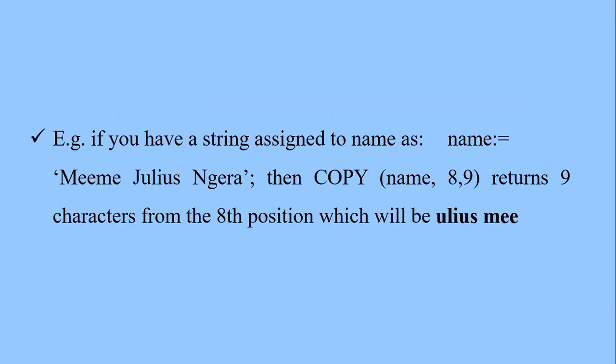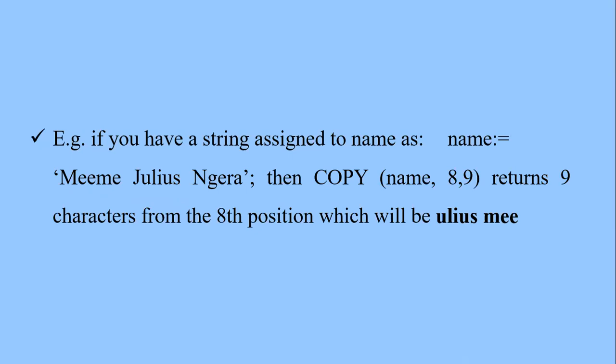For example, if you have a string assigned to name, that means name is now a variable that has been declared of type string or array of characters, and then inside it, we have stored the constant string as Meme, Julius, Gera.